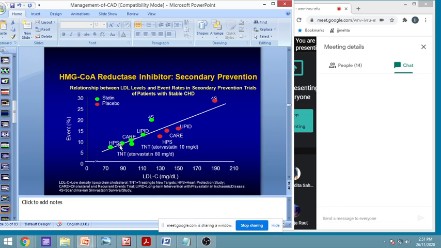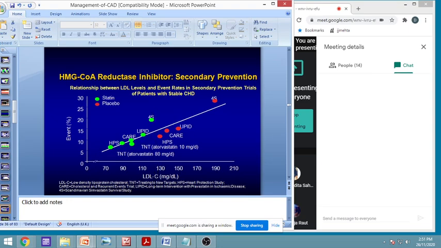Then the benefits of HMG-CoA reductase inhibitors. They are useful. They show good signs, and they reduce the level of LDL, and therefore they reduce the events. You will see that most of these are green dots.